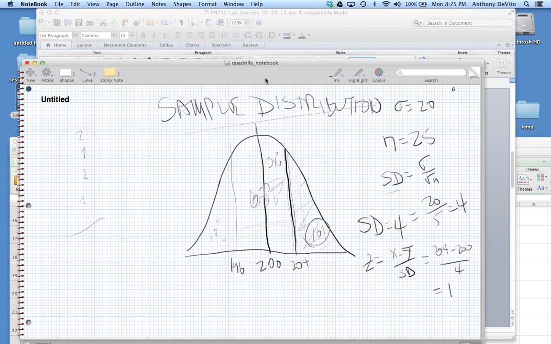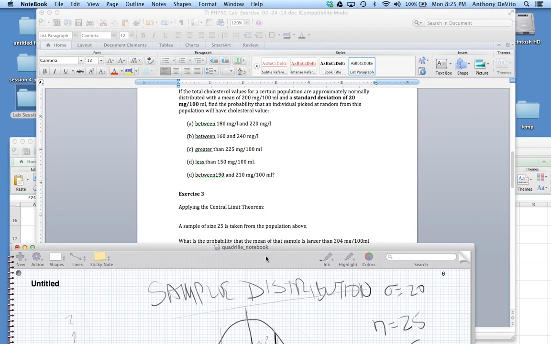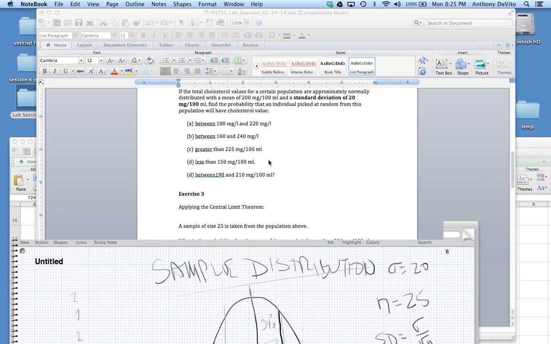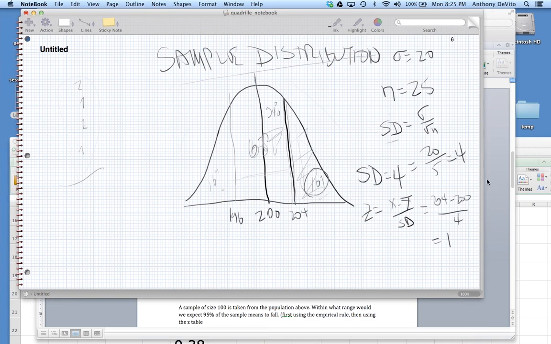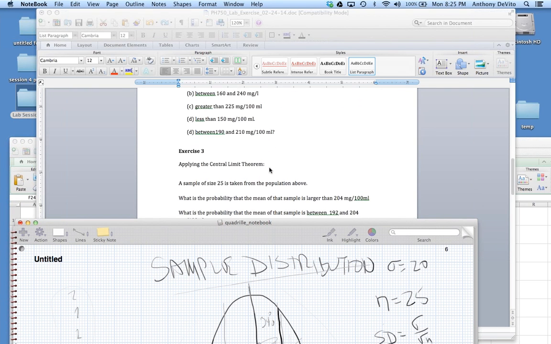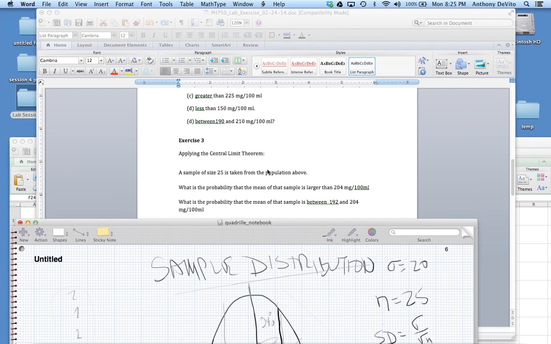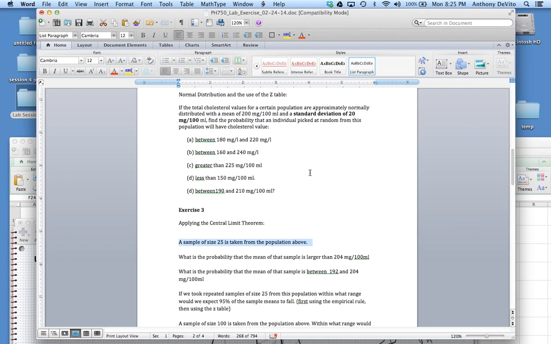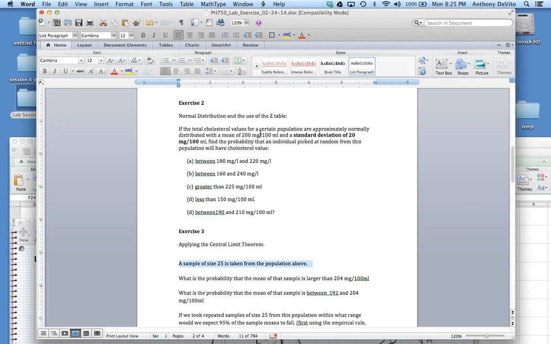Let's go up to the next part. What is the probability that the mean of the sample is between 192 and 204? The only reason we're using 200 here is because they mention that a sample of size 25 is taken from the population above, and we told you that the population above had a mean of 200.